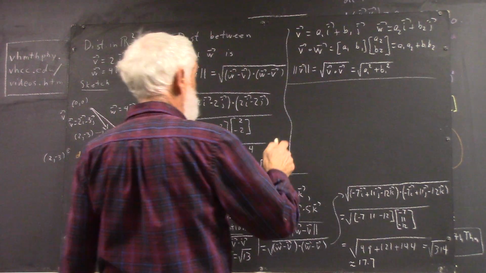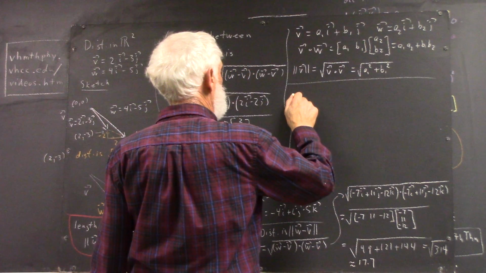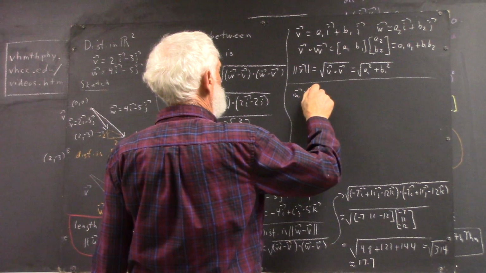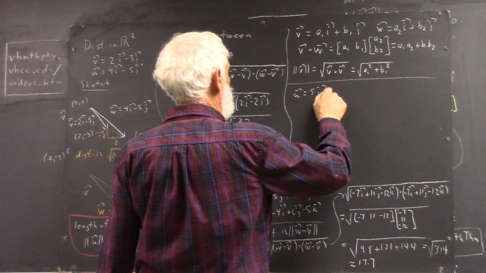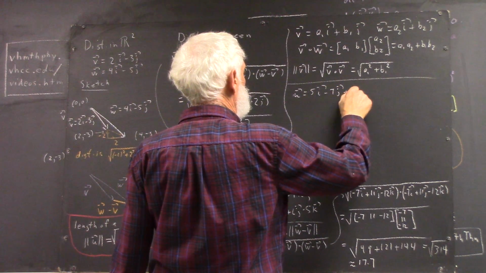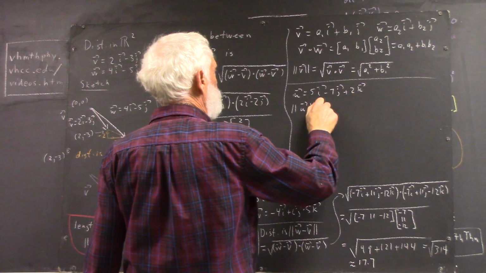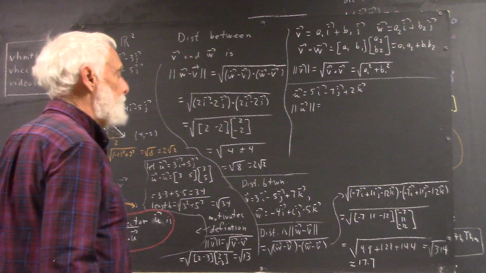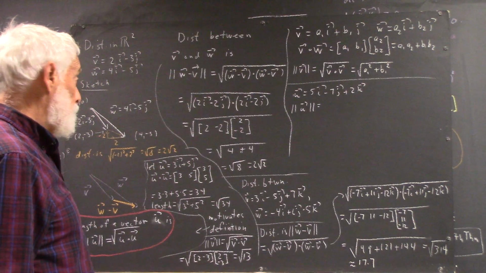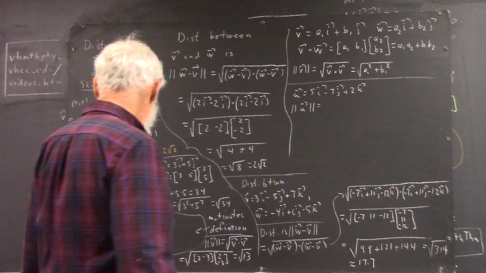Now, what if you go to 3 dimensions? Let's say that U equals 5i minus 7j plus 2k. What's the magnitude of U? Well, write that out. Work it out. Okay, you should have already done it.